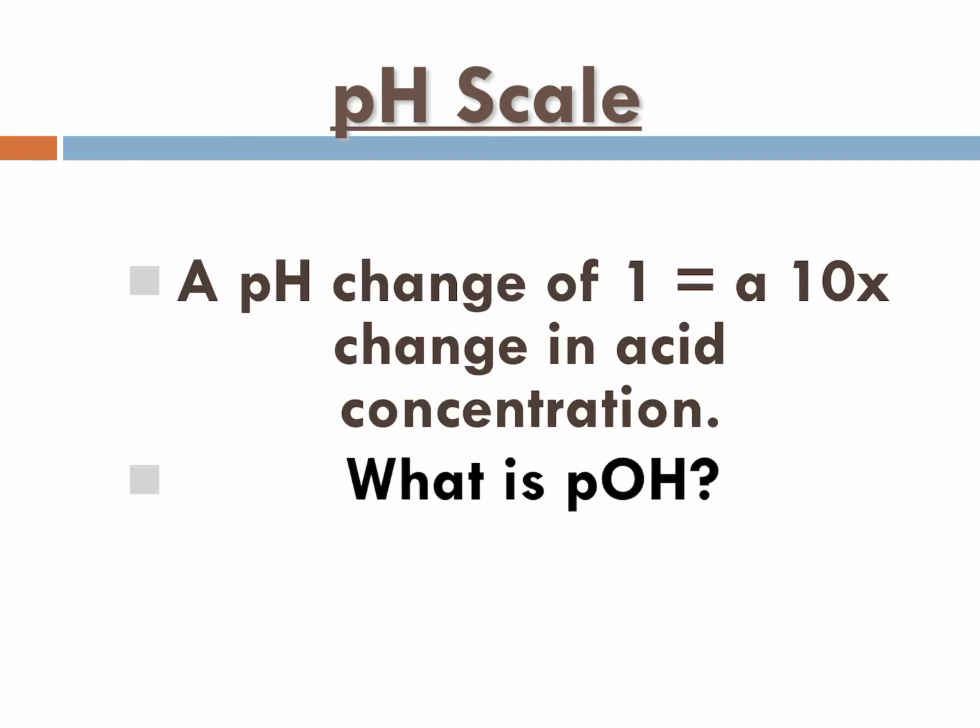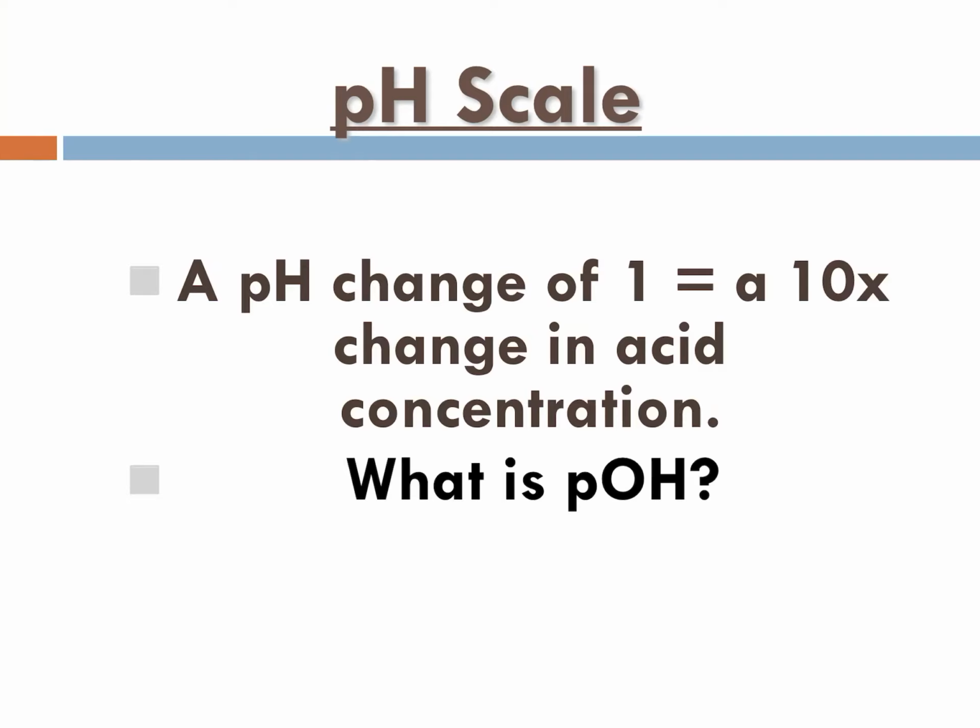Something they want you to know about the pH scale, since it's based on a scale of 10, is that a one level change actually represents 10 times as much change in the acid. So for instance, if a habanero pepper had a pH of 2 and battery acid was a pH of 3, that means that the habanero pepper is actually 10 times more concentrated in acid than the car battery.